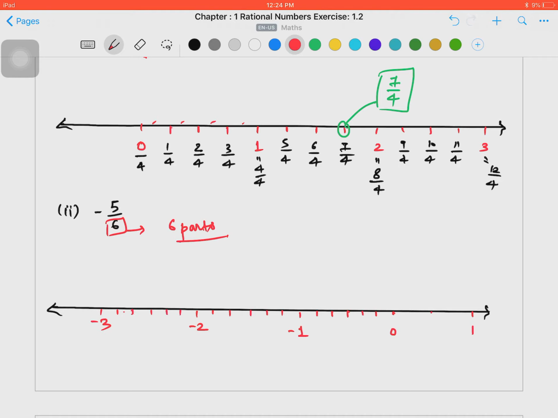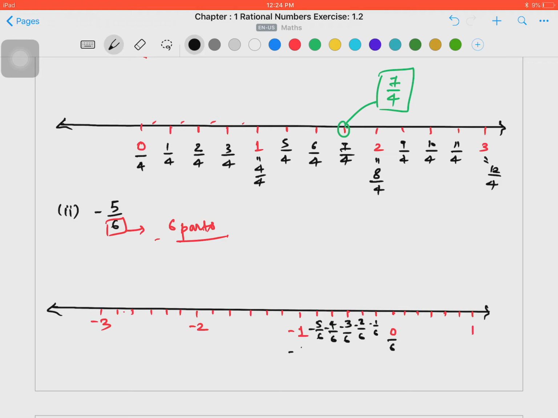Okay, similarly on this side also. Now as we have to divide each region into 6 parts, the numbers will be 0 by 6, 1 by 6, 2 by 6, 3 by 6, 4 by 6, 5 by 6, and each will be of minus.